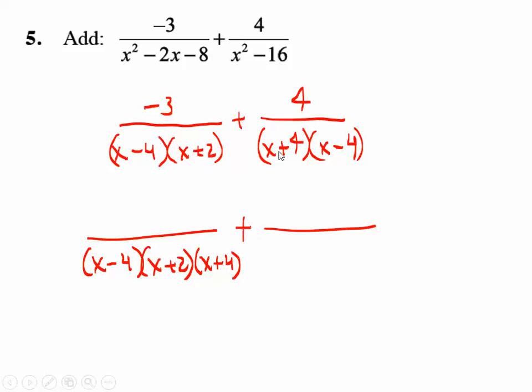So going back the other way then, this common denominator should be written over here as well. Let me do that again just to make sure we got it. So we need to write down each of these factors, but we have to take out the ones that are the same in both.